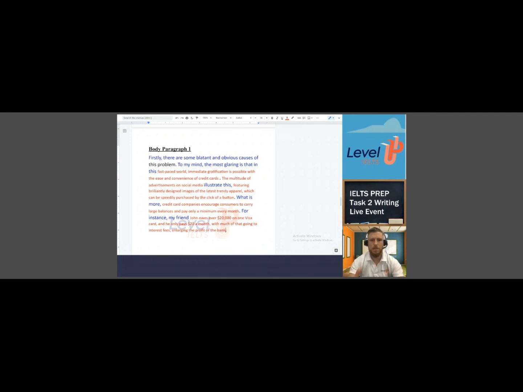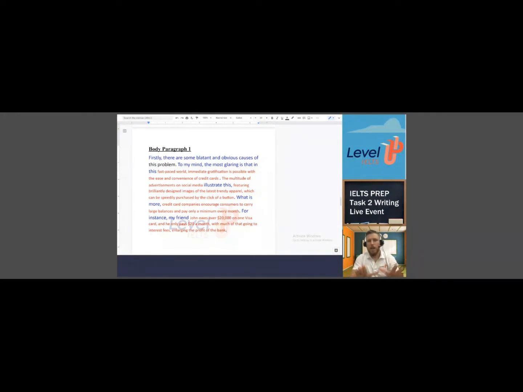There we go. Nice complex sentence structure there. For instance, my friend John owes over $20,000 on one Visa card, and he only pays 20 bucks a month, with much of that going to interest fees, which enlarging the profit of the bank. There we go. There's our causes. You can see how the template fits right in there.